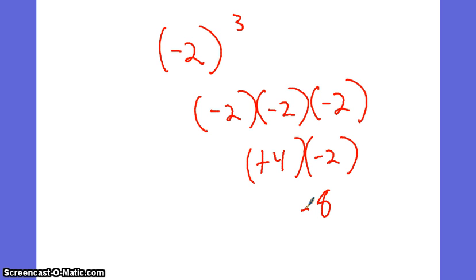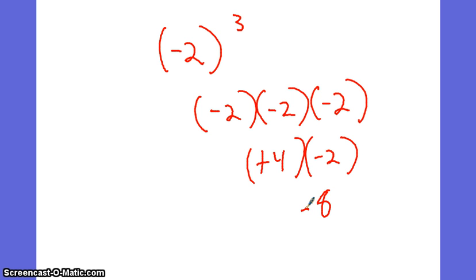So keep that in mind: when you're multiplying and dividing positive and negative integers, if you have an even number of negative signs, your answer is going to be a positive integer.